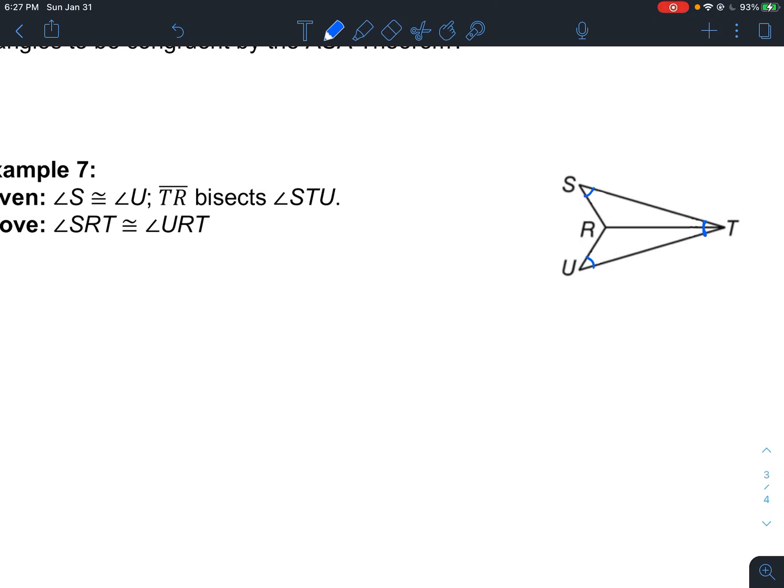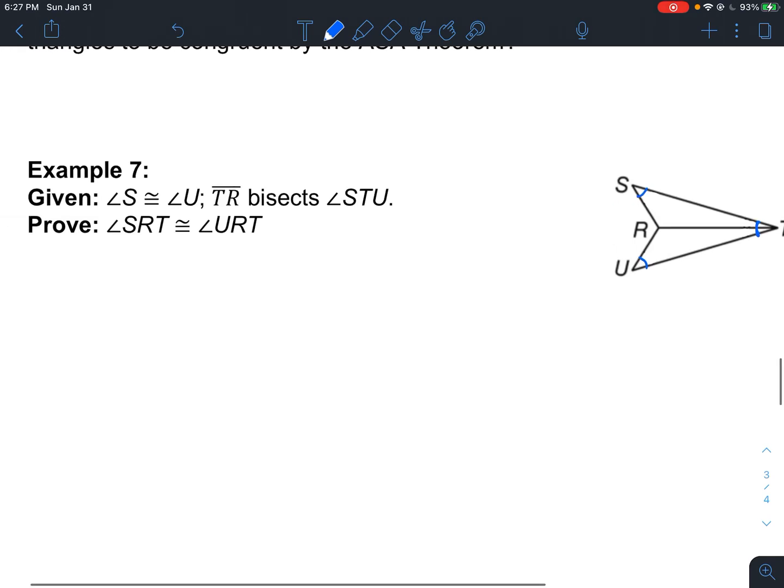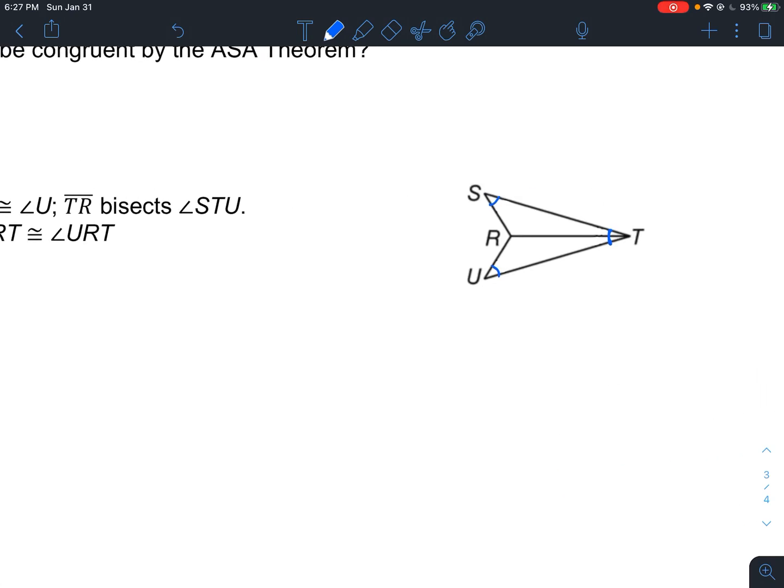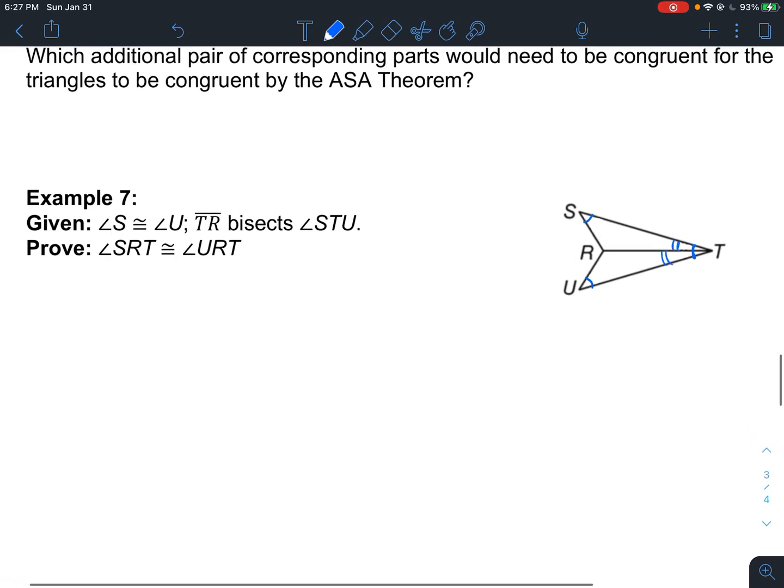So that angle is bisected by TR. That means I know right away that this angle right here and this angle right here are congruent, because that's by definition of a bisector. So I know that angle STR is congruent with angle UTR because of the bisector.